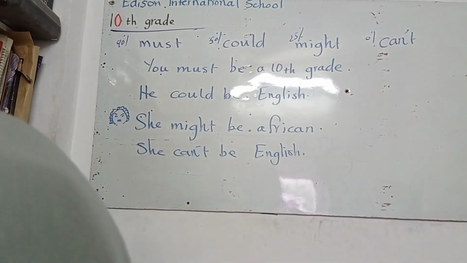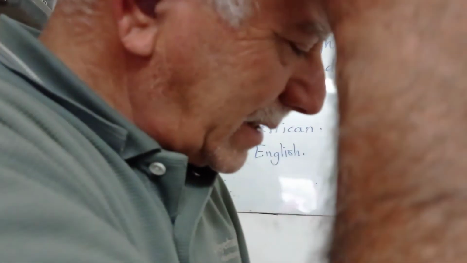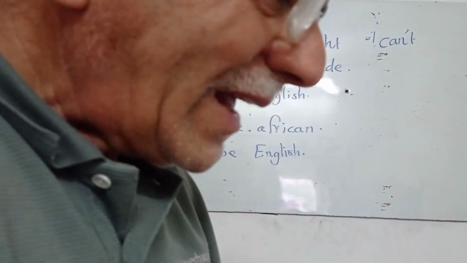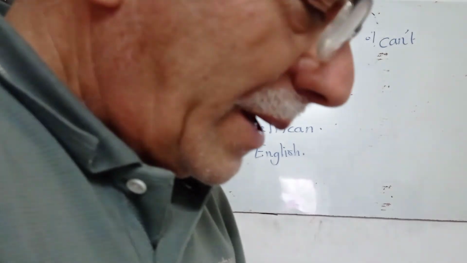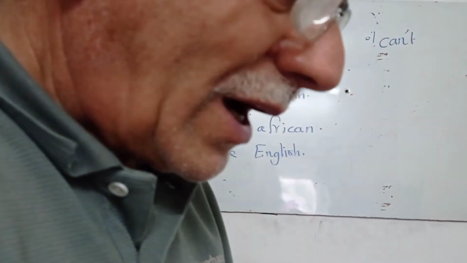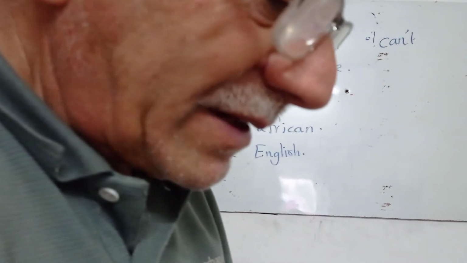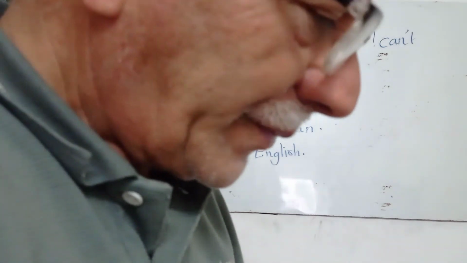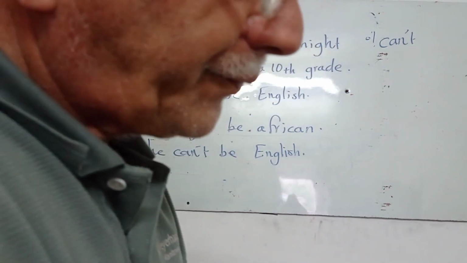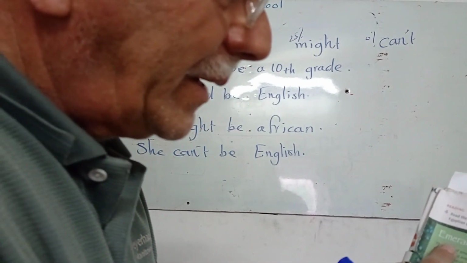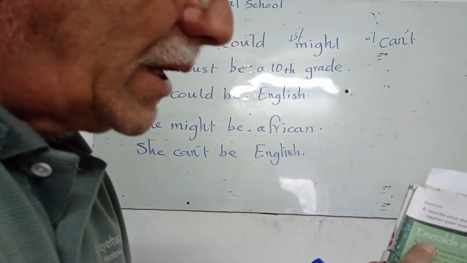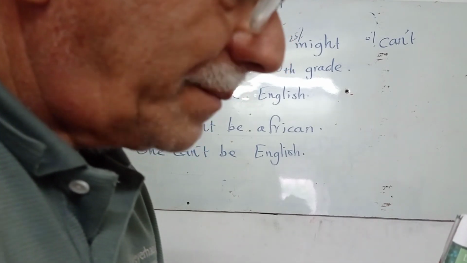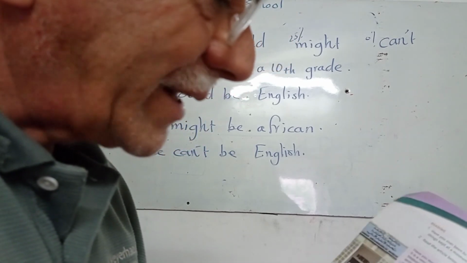We have done many sentences. We have exercises 6 and 7. And we have those that explain the difference between must, might, could, and can't. Then we have read the passage about emails in Egypt, and this is an important passage, and we focus on it.